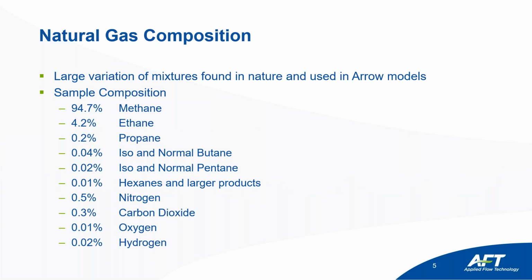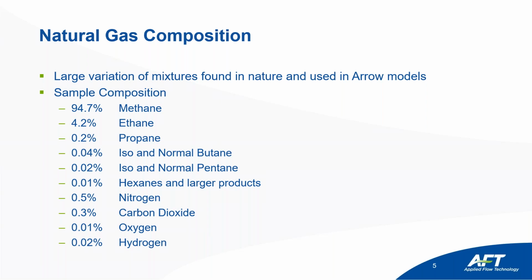Here is an average natural gas composition, because a big part of LNG is the natural gas that it starts with. We've seen a large variety of mixtures within our Arrow models that are sent to us through support, and there's a large variation of mixtures found in nature.